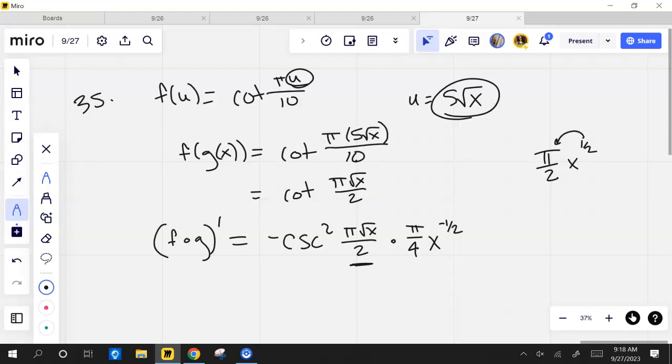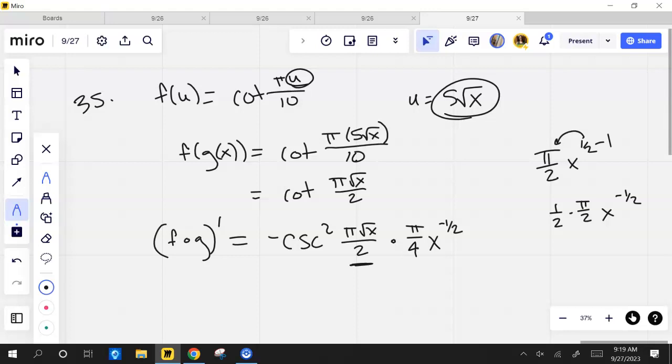I got to multiply and subtract 1. If I do 1/2 times pi over 2, top times top, bottom times bottom. It all starts to bleed together whenever you look at it so long.